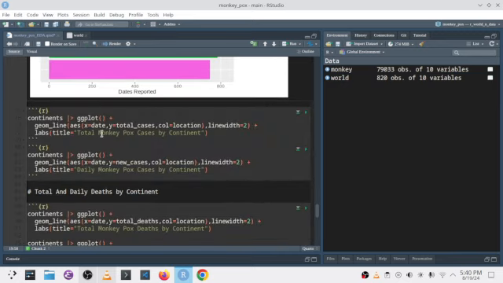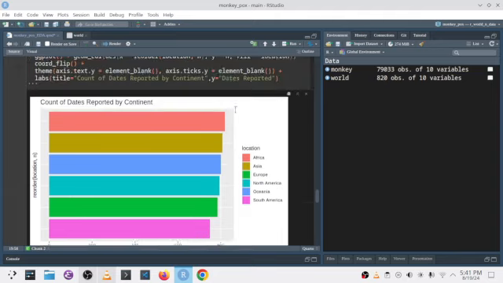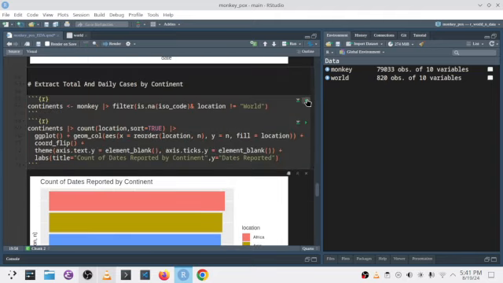So let's take a look at the total monkeypox cases by continent.